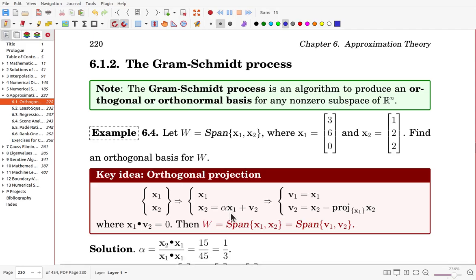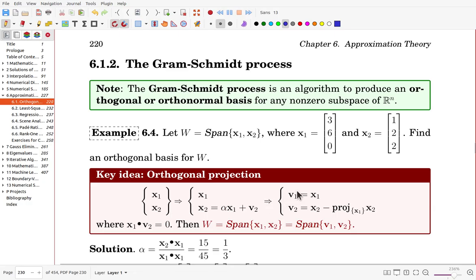So that is orthogonal projection. Now we name this one v1, and then we write v2 as x2 minus the projection of x2 onto the space of x1. So this is a rewriting of this equation.